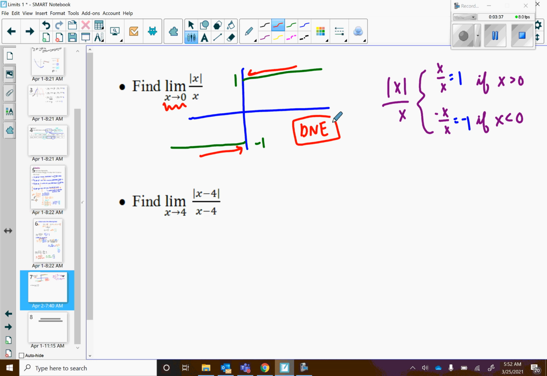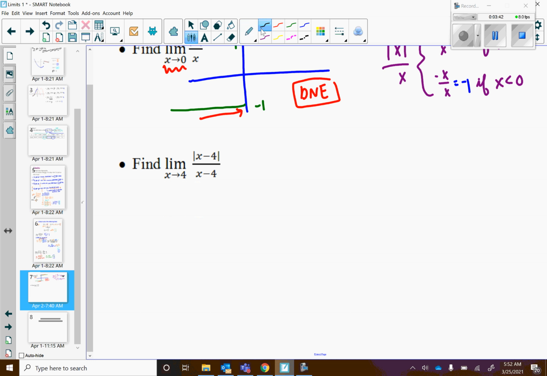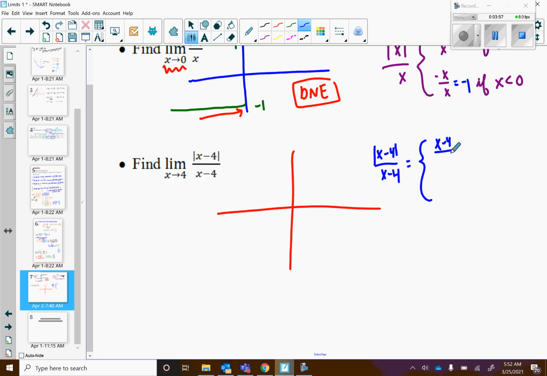And this is going to be really true for a lot of functions that look like this, where this is really just going to be a horizontal shift of the function above. I mean, we could do the same thing. The absolute value of x minus 4 all over x minus 4 is really x minus 4 over x minus 4, if x minus 4 is positive, or the opposite of that thing over x minus 4, if what's inside is negative.